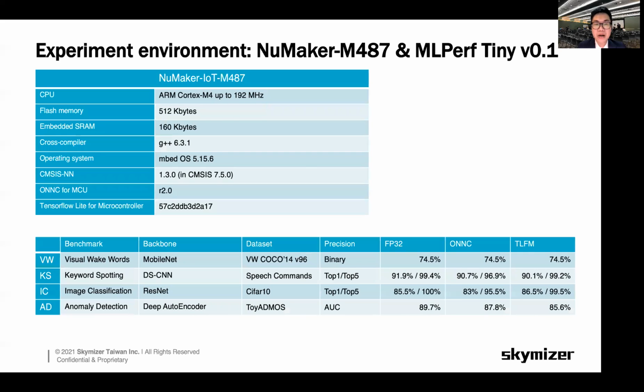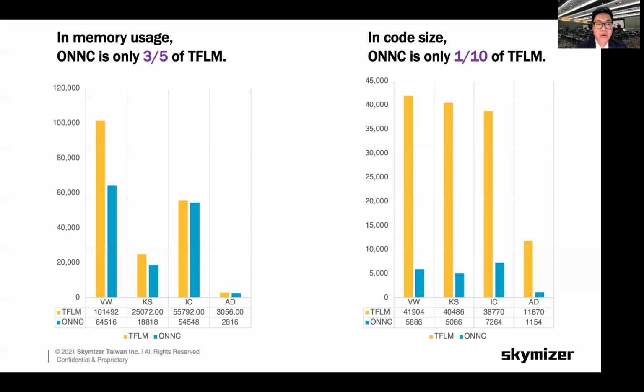We use the Nuvoton NuMaker IoT M487 as our development board, and we use MLPerf Tiny as our benchmark, and we compare ONNC with TensorFlow Lite for Micro. In memory usage, in our best case, ONNC is only 3/5 of TFLM. In code size, ONNC is only 1/10 of TFLM in our best cases.